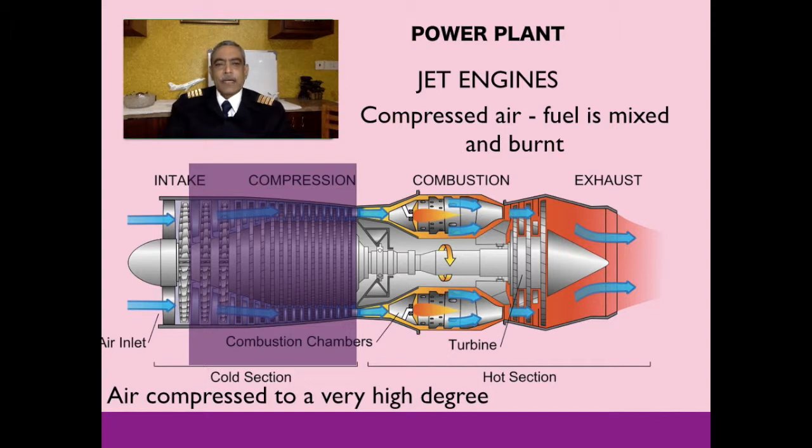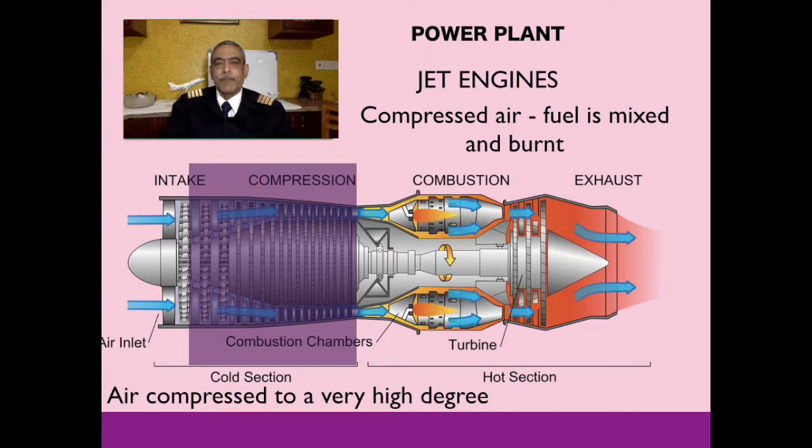There are different types of compressors, which is well beyond the purview of this lesson. But it's enough to know that we are able to compress this air to a very high degree. And as I told you, the fuel used is aviation turbine fuel, which is refined kerosene. Now that refined kerosene is mixed with this compressed air in appropriate proportions, very finely calibrated.